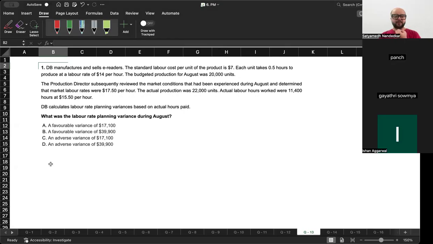Now look at this, labor rate planning variance. Now, can you tell me the formula for labor rate planning variance?